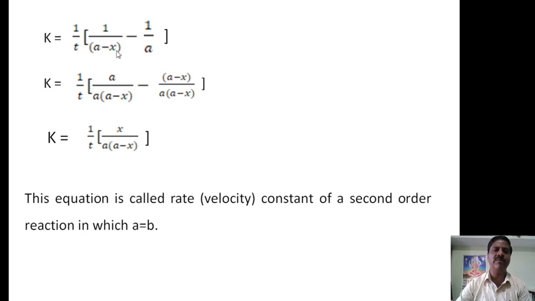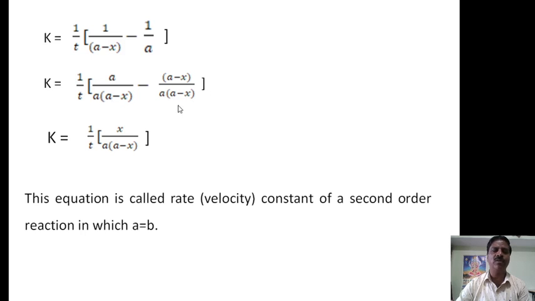Then take the LCM of (a minus x) and a, which is a into (a minus x). Then 1 over t into [a divided by a into (a minus x) minus (a minus x) divided by a into (a minus x)], where you multiply 1 by (a minus x).